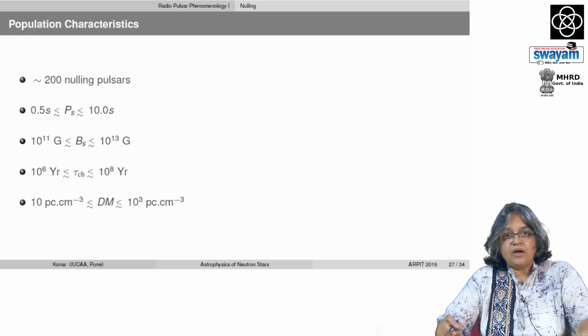So, if today some of the pulsars are nulling and we are not looking at them, then we would not know. So, we only know about 200 pulsars which are nulling, there may be many more.